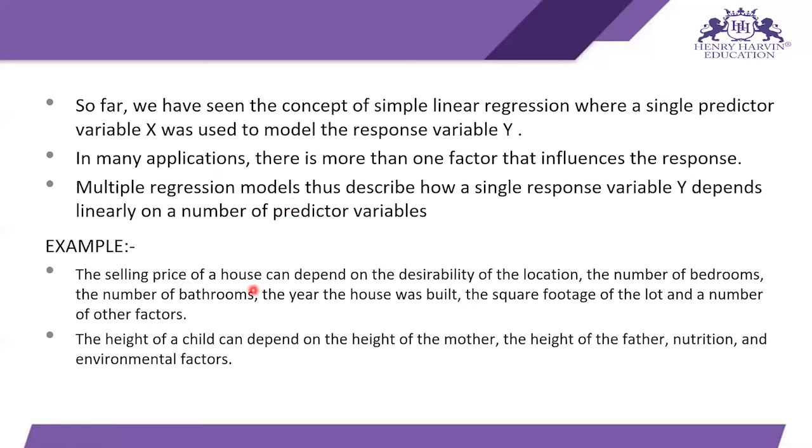For example, the selling price of a house can depend on the desirability of a location, the number of bedrooms, the number of bathrooms, the year the house was built, the square footage of the lot, and a number of other factors. Another example is that the height of a child can depend on the height of the mother, height of the father, nutrition, and environmental factors.